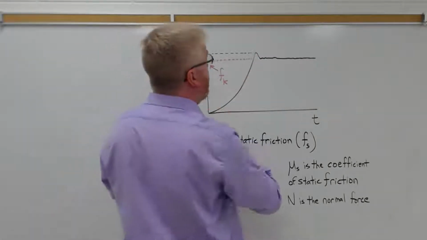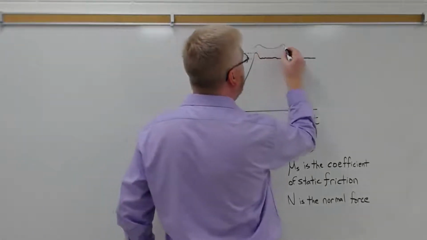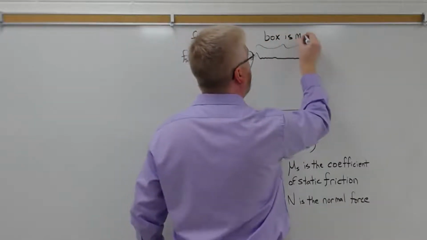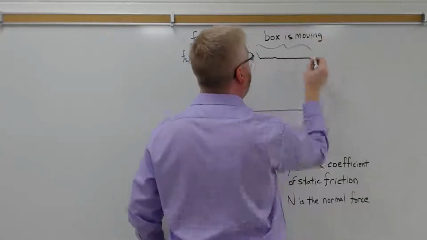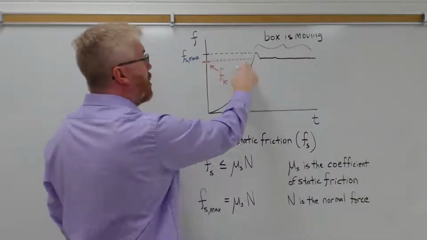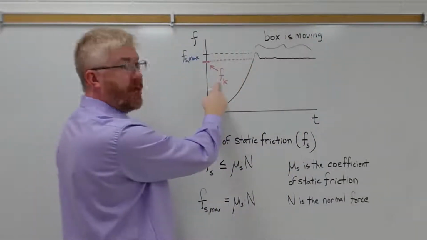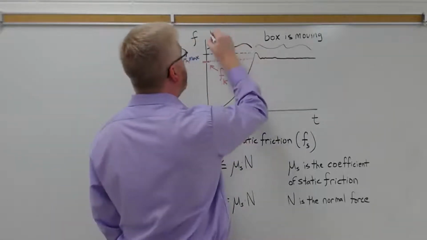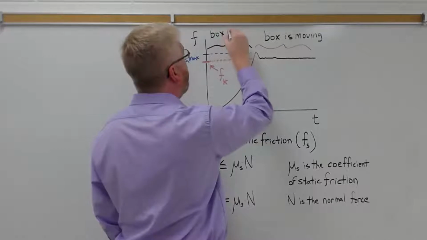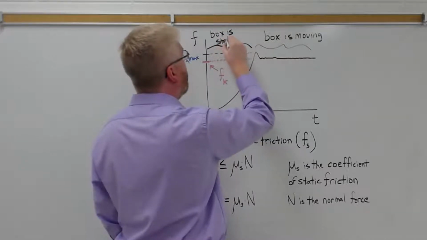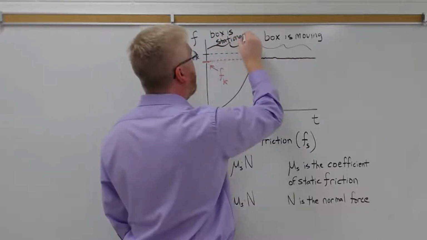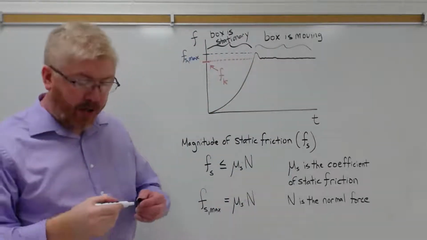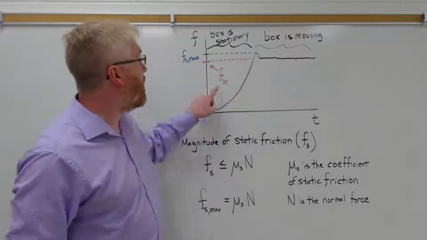Now here, the box is moving, so you end up with kinetic friction. Here, the box is stationary. So this is the realm of static friction. This is the realm of kinetic friction.